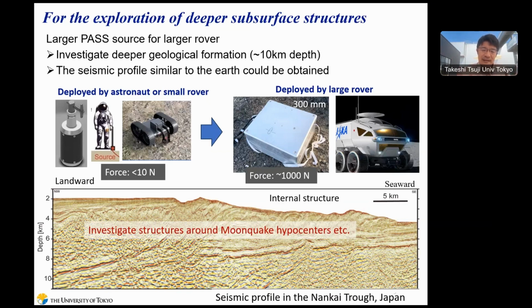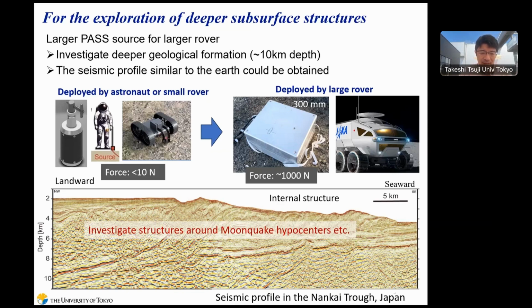If we can deploy this seismic source by a larger rover, we can investigate deeper geological formations. In my simple calculation, if we use this seismic source, the signal could propagate several kilometers, close to 10 kilometers. So we may be able to obtain a similar result, as you can see in the bottom part of this slide.